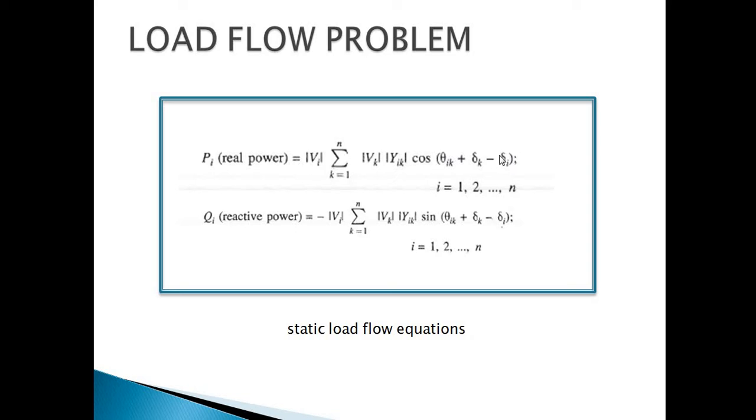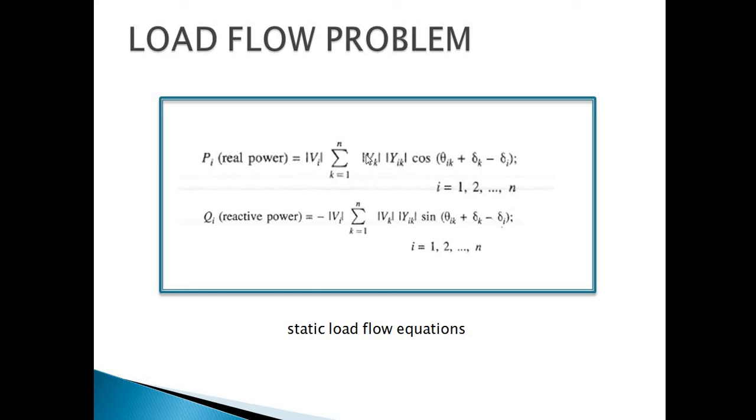Now understand this: the real power at i, that is the real power injected into a node, that is entering a node, is obtained by the magnitude of the voltage at the node into the sum over the other nodes.